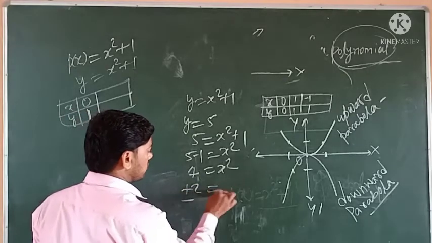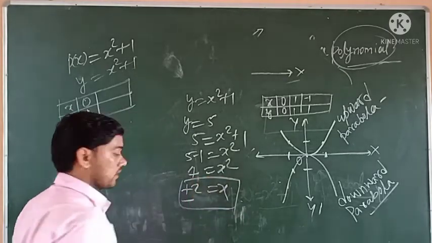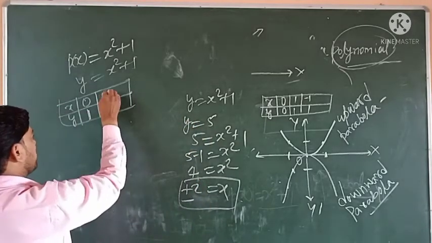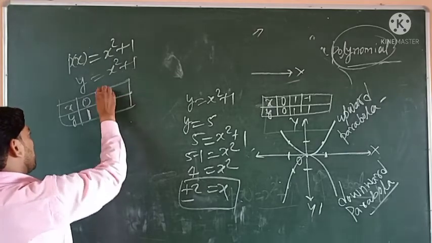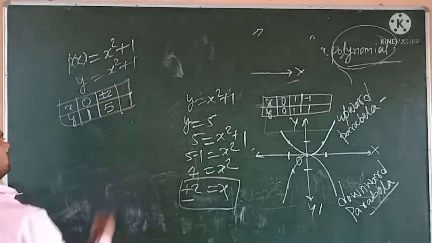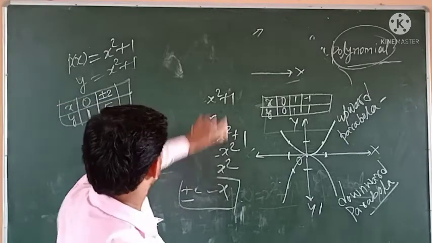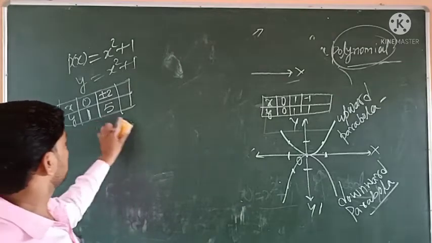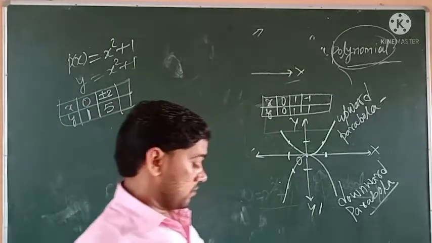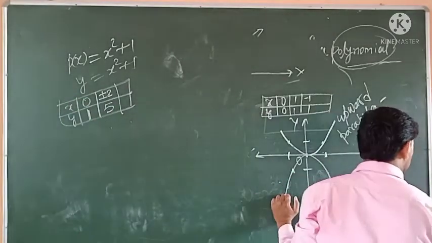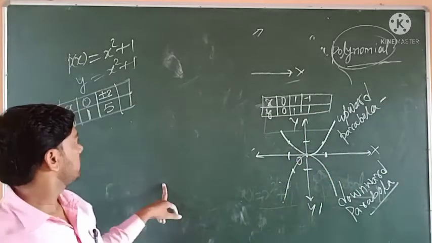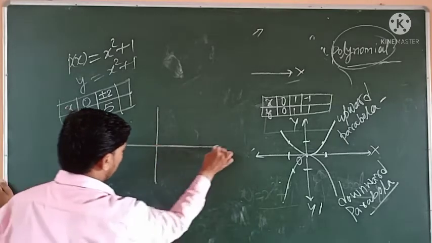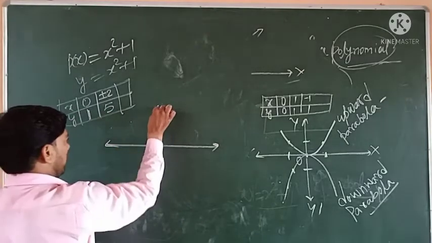If y is equal to 5, then x is plus minus 2. The points 2, 5 is in the first quadrant, both coordinates are positive. Then 0, 1.